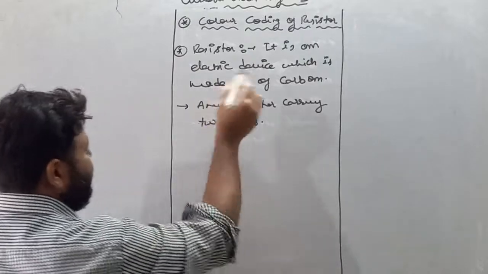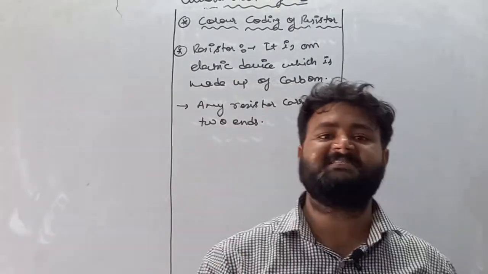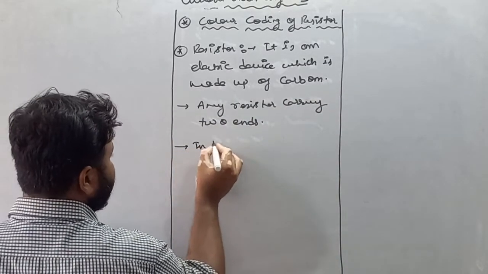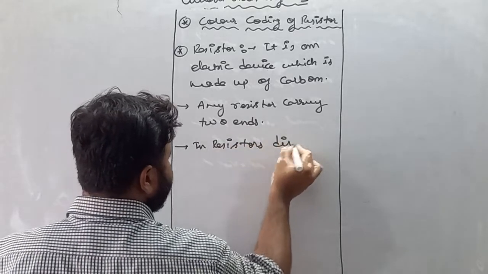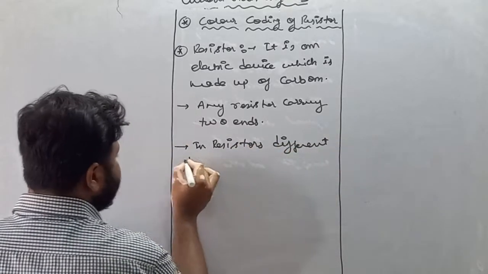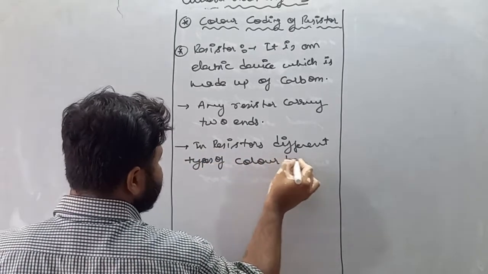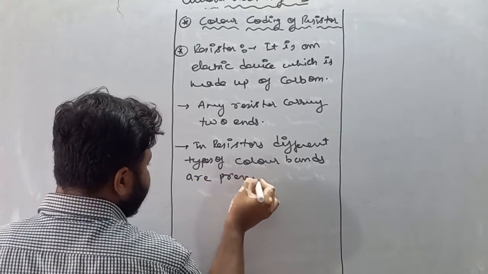And see, basically in a resistor, different types of color bands are present. So I'll write here, in resistors, different types of color bands are present.